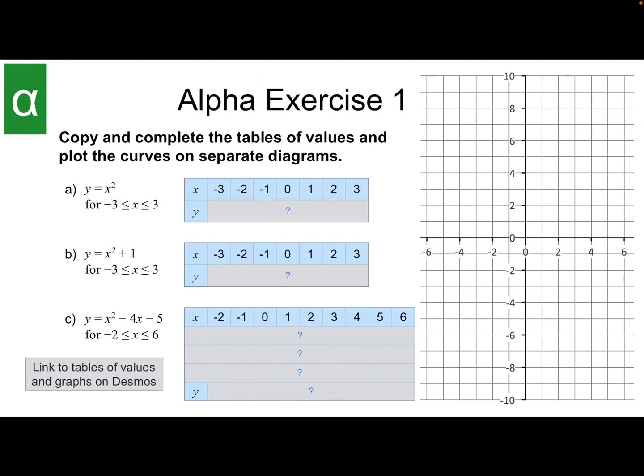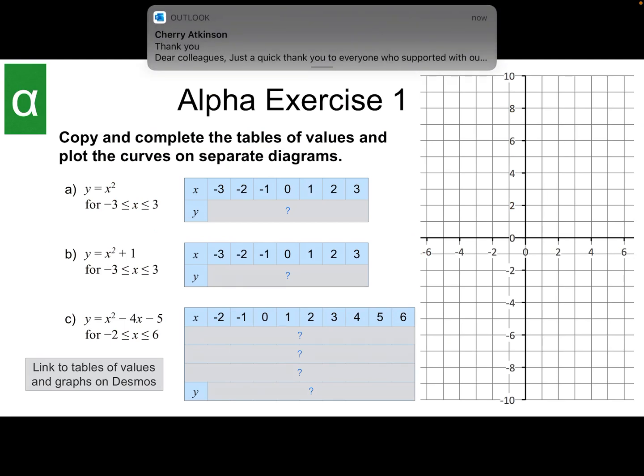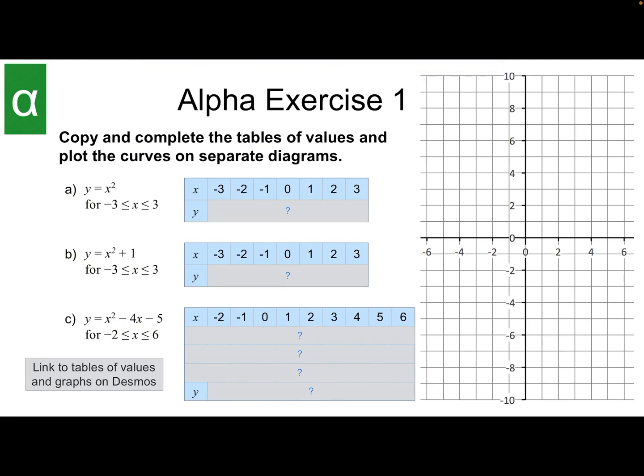If you're at home, I've included the Word document with an axis that you can print out to do the plotting. So you copy the tables, fill in the tables, and then use the axes to plot them. Okay, so stop your video and have a go.